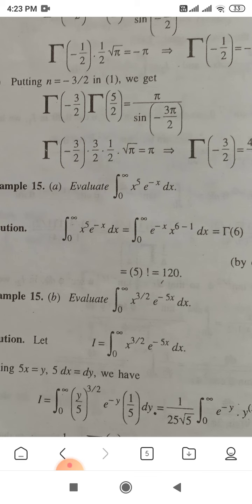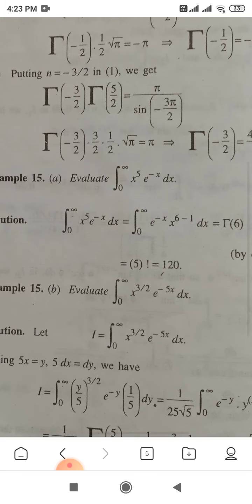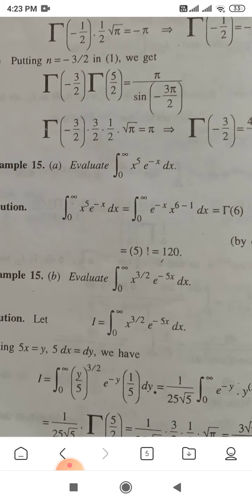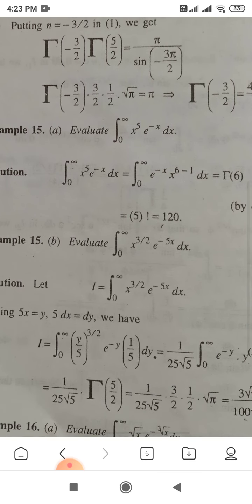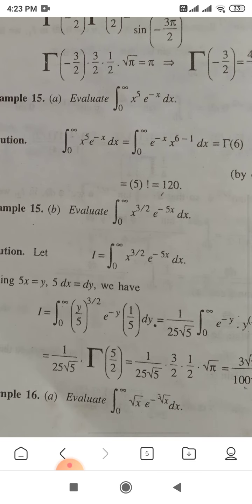Compare this integration with the gamma function, 0 to infinity e to the power minus x x to the power m minus 1. So the value will be gamma 6, and gamma 6 is equal to factorial 5, because gamma n plus 1 is equal to factorial n. Factorial 5 is 5 into 4 into 3 into 2 into 1, which is equal to 120.